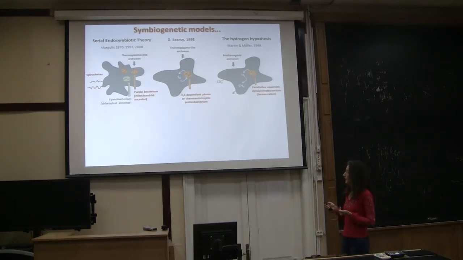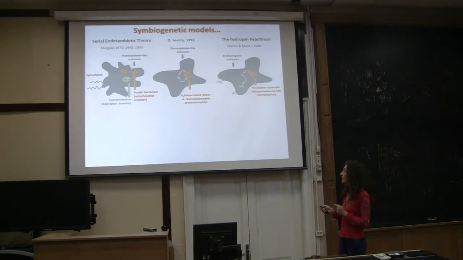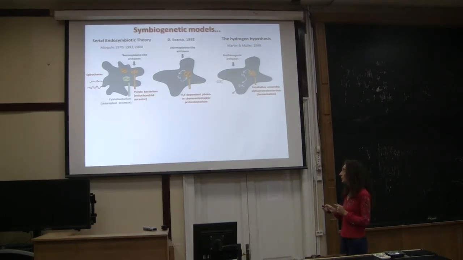He proposed that there was the ancestor of mitochondria incorporated within a thermoplasma-like archaeon. So actually, Lynn Margulis picked the idea from Denis Searcy that this was a thermoplasma-like archaeon because it didn't have a cell wall, and this symbiotic interaction would be mediated by the transfer of sulfur. So this was a bacterium that was oxidizing hydrogen sulfide to sulfur, and the organism, the host, reduced the sulfur to hydrogen sulfide. So there was a sulfur cycle within the assemblage.